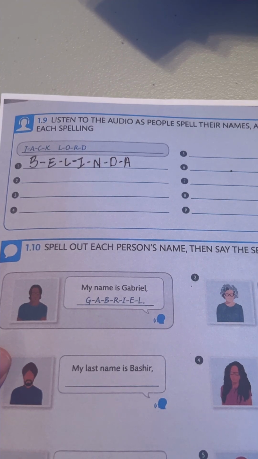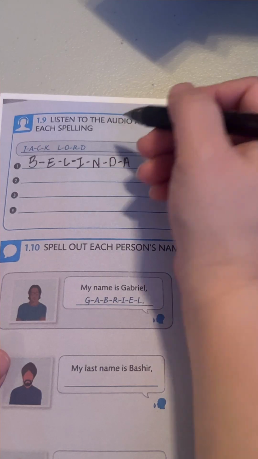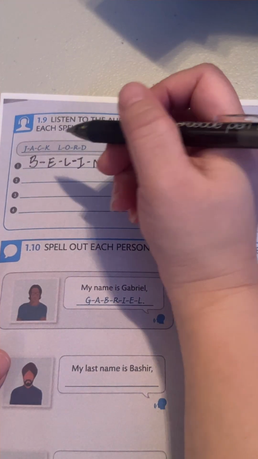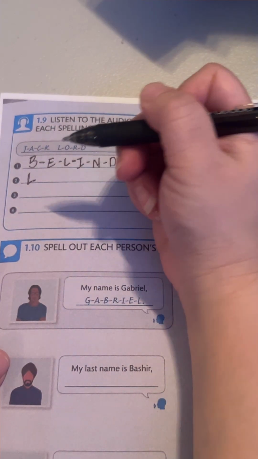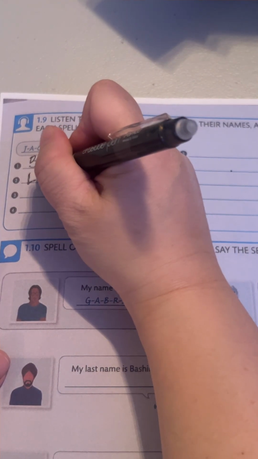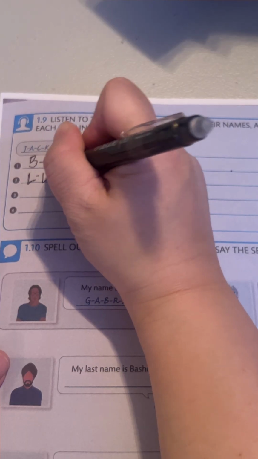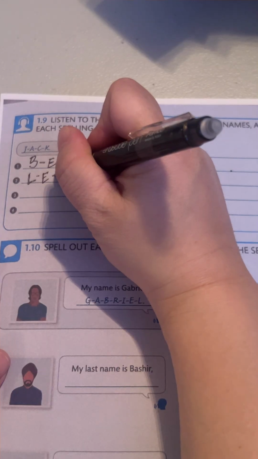Okay? Alright, next word. Lewis. This can also be a last name, because I hear this all the time. Lewis. Okay? So that will be the L sound. L, l, okay? And then the E sound. Next letter.